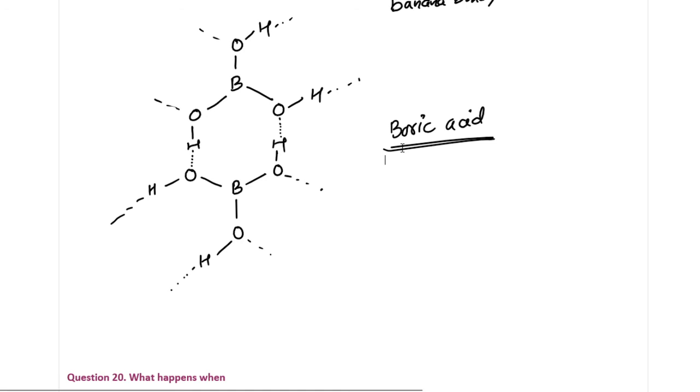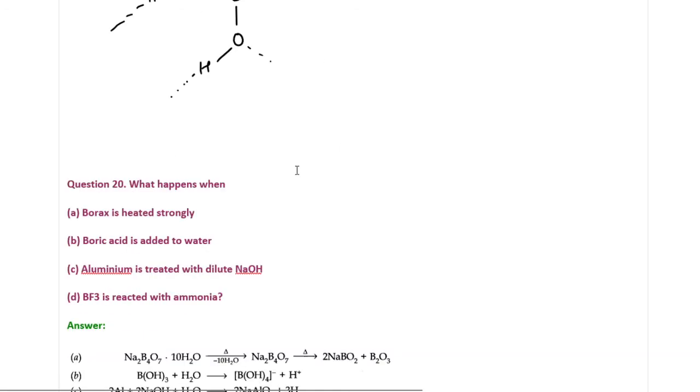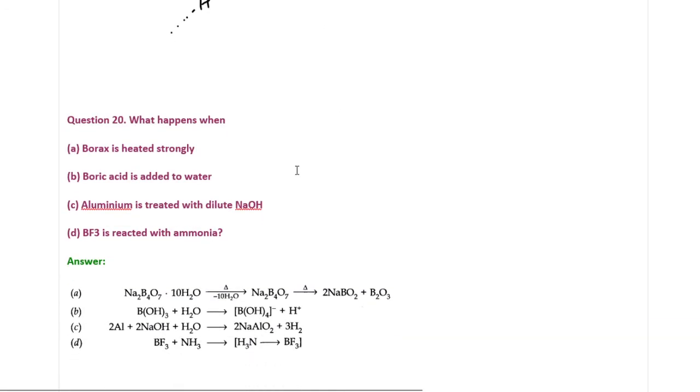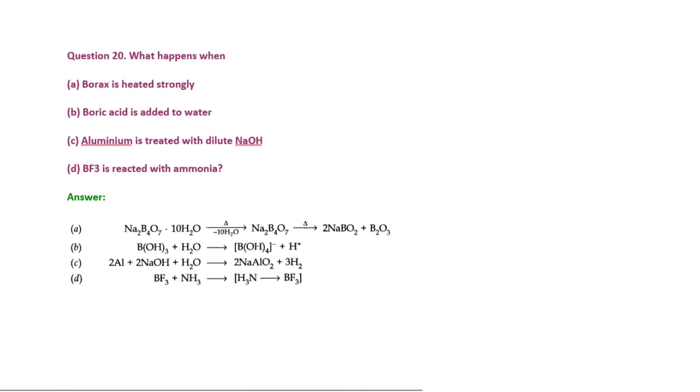Done. Now question number 20. In question number 20, what happens when borax is heated? So what is borax first? It is Na2B4O7.10H2O.